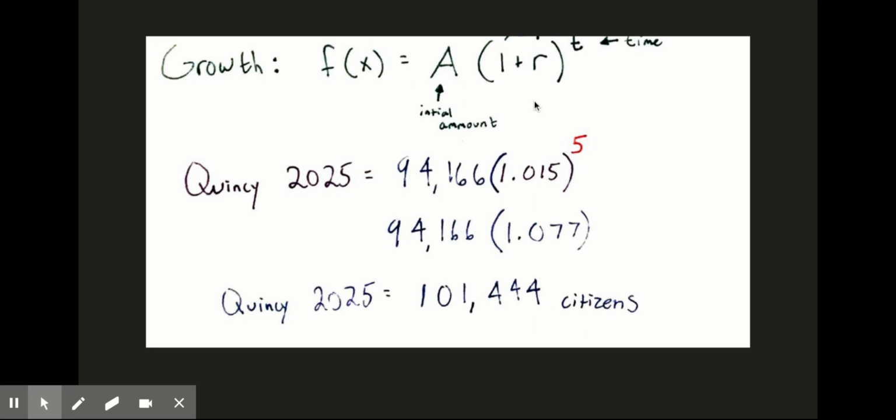Here's my work right here. My initial amount, that's my initial population. 1.5% looks like this: 1, because I still have 94,000 people living here, and then 0.015. And I want to raise it to the power of 5. Let's go 5 years into the future to 2025.